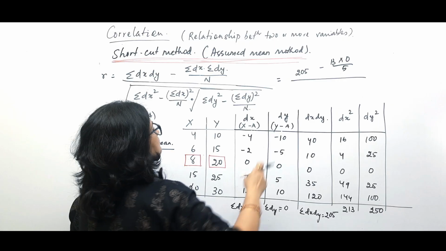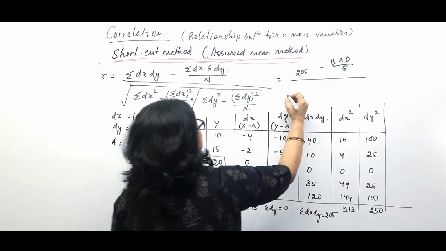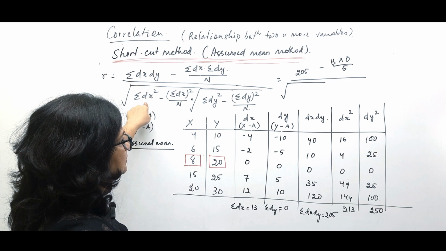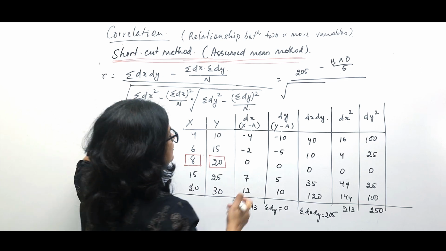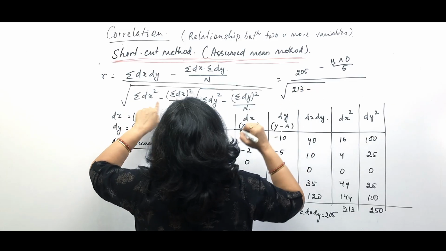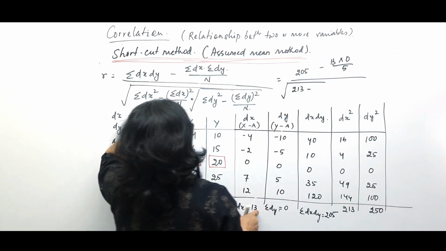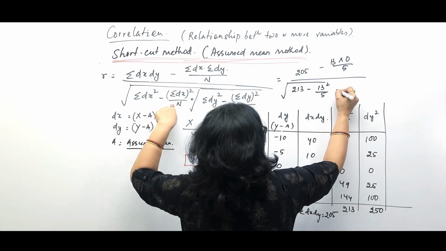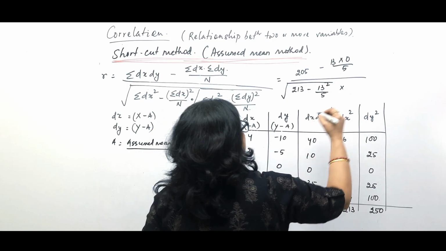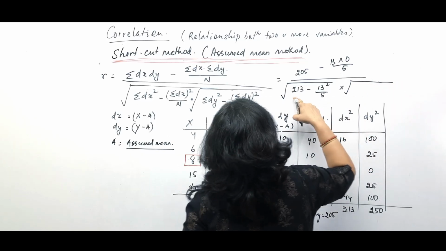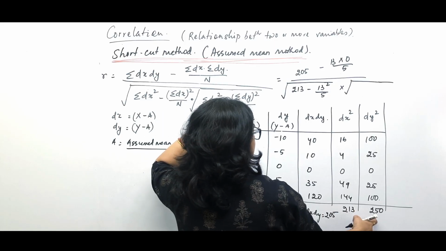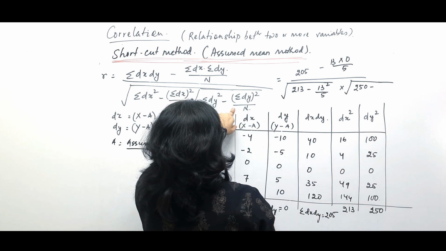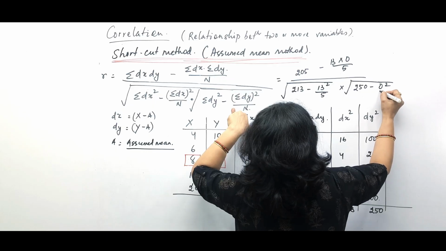Divided by the root of sigma dx square, that is 213, minus sigma dx whole square, that is 13 square, divided by 5, into the root of sigma dy square, that is 250, minus sigma dy, that is 0, divided by 5.